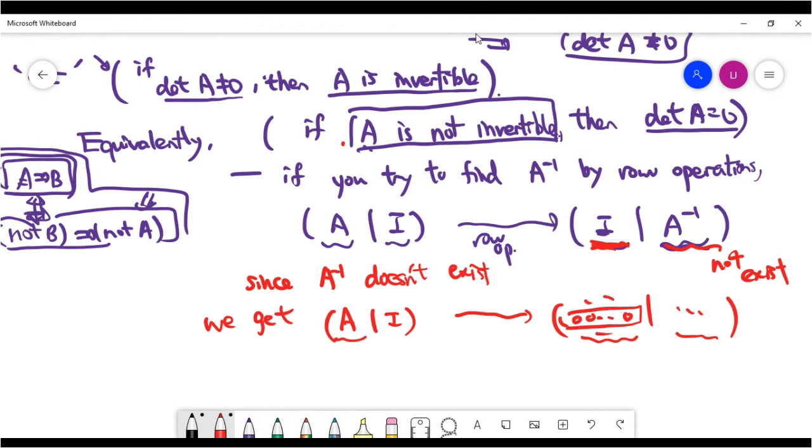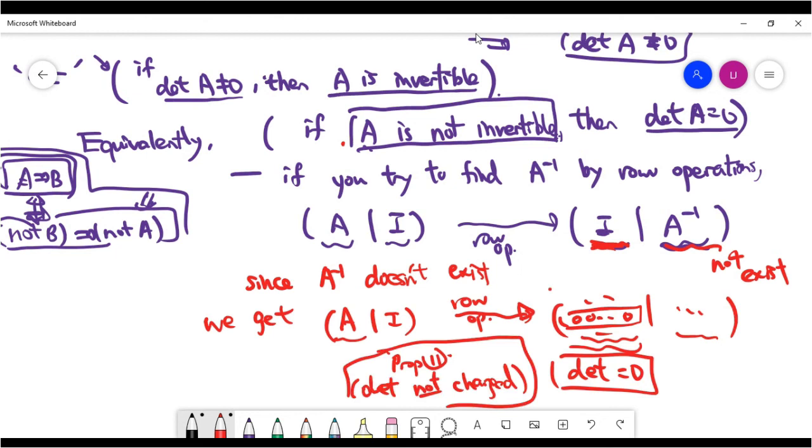You can try to do it yourself. A totally zero row basically means the determinant must be 0, right? Based on the previous video on the properties of determinants, by property 11, this kind of row operation does not change the determinant. Because we know that the reduced form has determinant 0, it means the original matrix must have determinant A equal to 0, right?